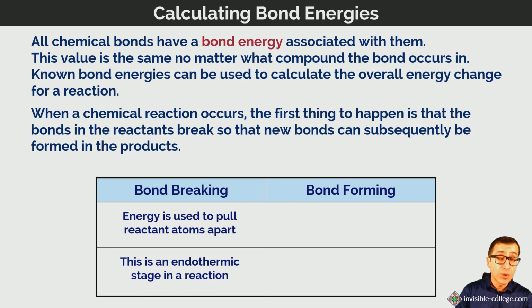Now, when you form new bonds, unbonded atoms typically have incomplete outer shells of electrons, and so they are unstable. Going back to what I've mentioned multiple times, whenever you hear the word stability or instability in pretty much any scientific context, unstable is typically associated with a system in a high state of potential energy.